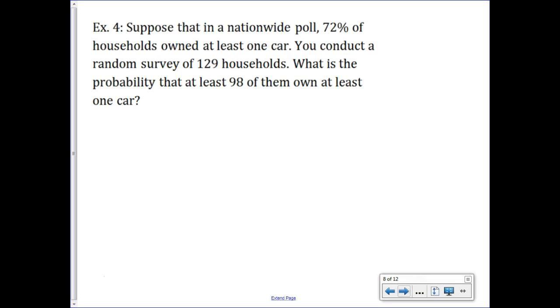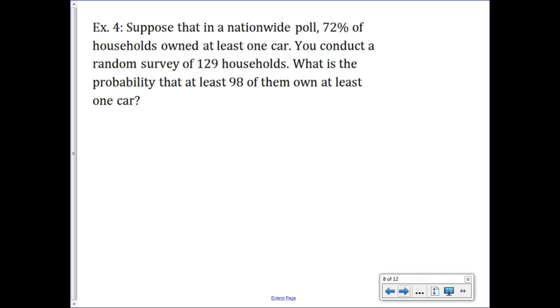So suppose that in a nationwide poll, 72% of households owned at least one car. You conduct a random survey of 129 households. What is the probability that at least 98 of them own at least one car?